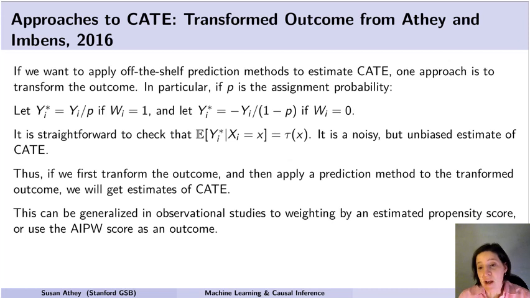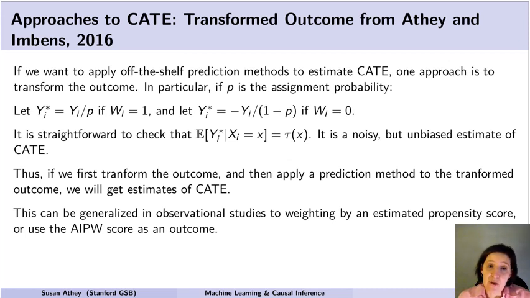But the idea is that on average, if I add up this transformed outcome and average it across everyone, about half the people will be treated, and so I'll multiply by a half these wildly big treatment effect estimates.